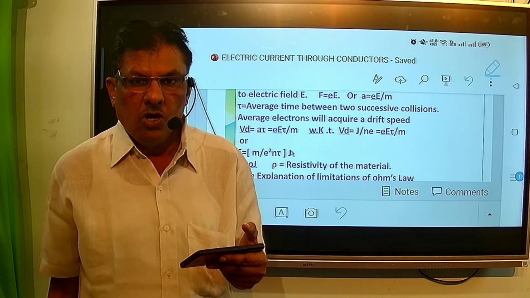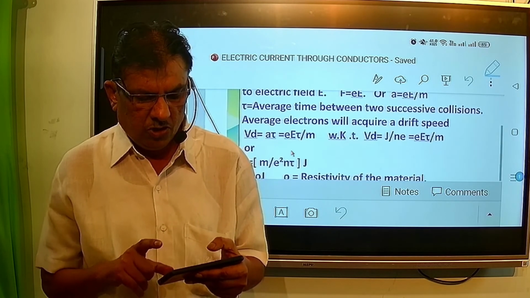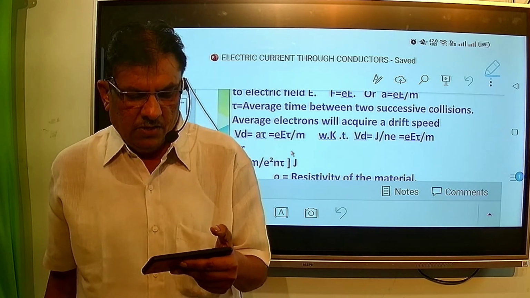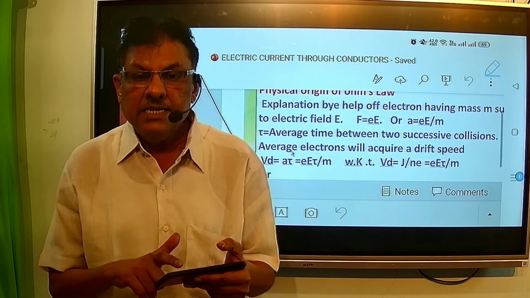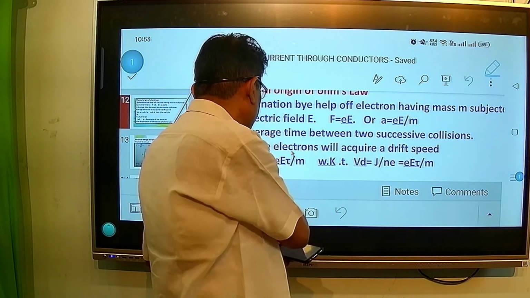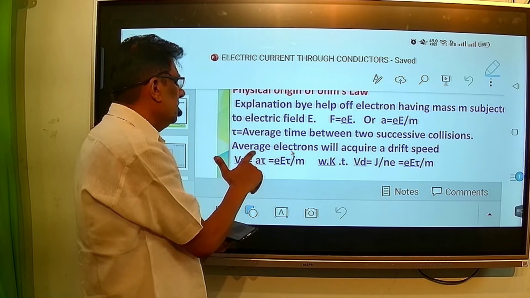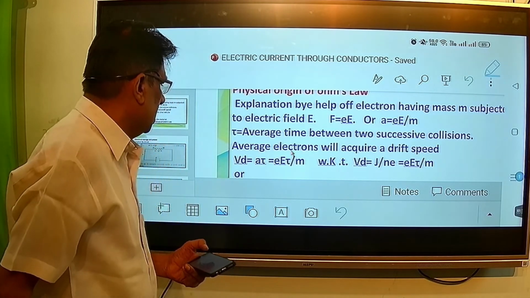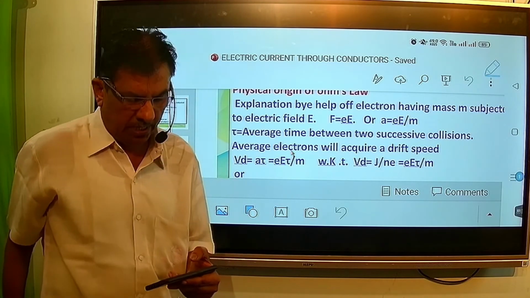So Vd is equal to a tau, and now I am substituting the value we saw earlier. Substituting it, we get a new equation: Vd is equal to small e into capital E tau upon m.